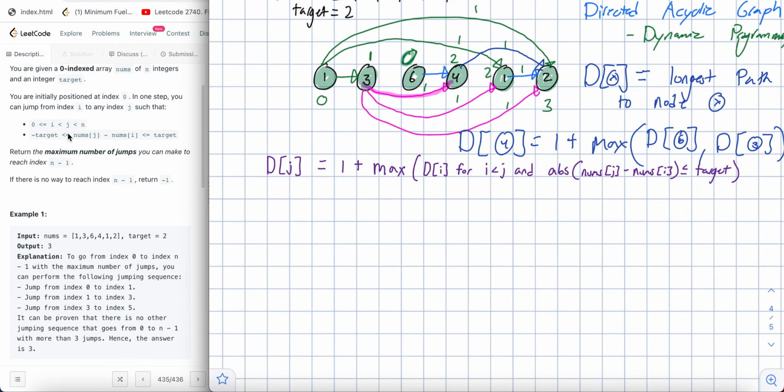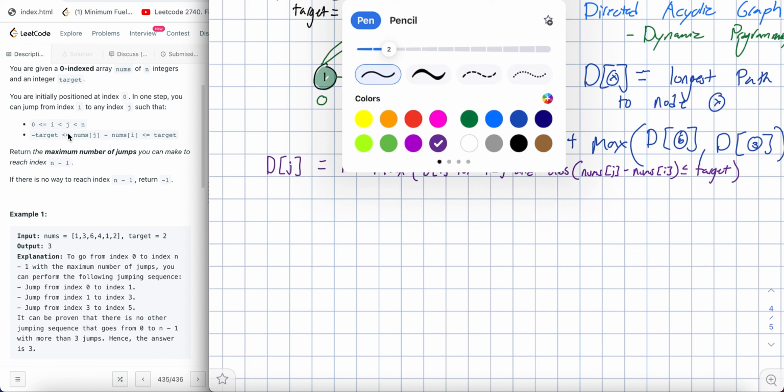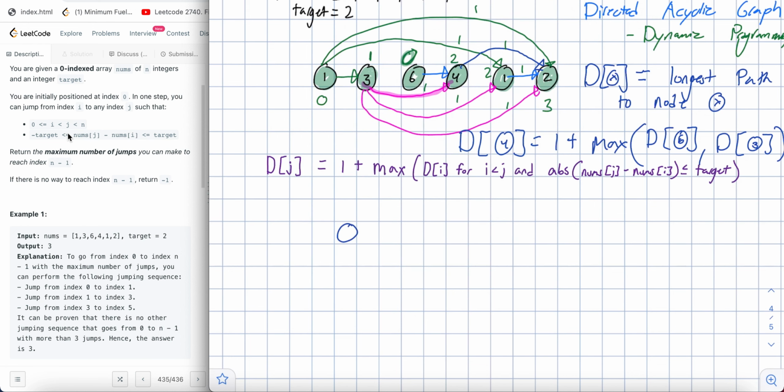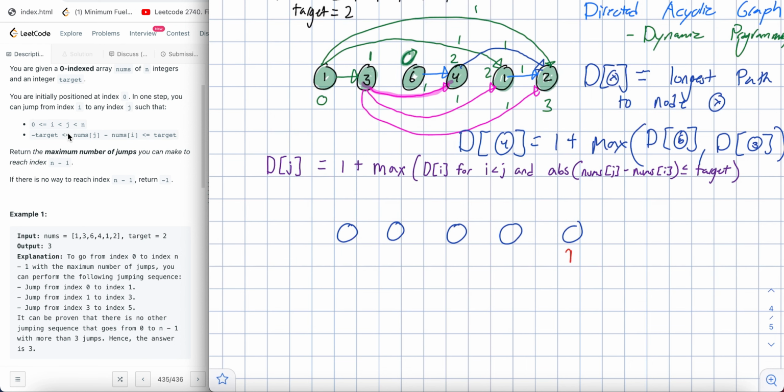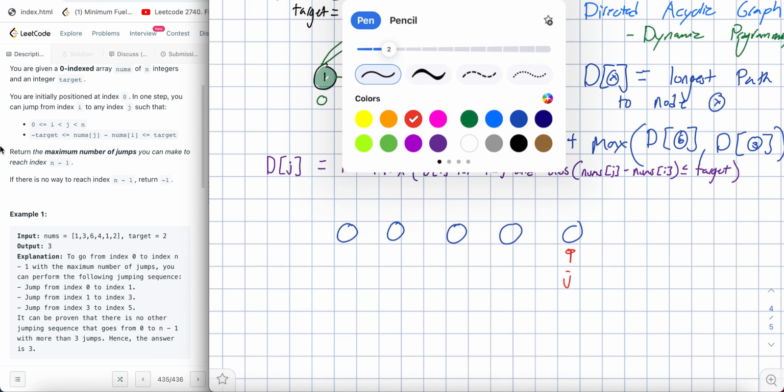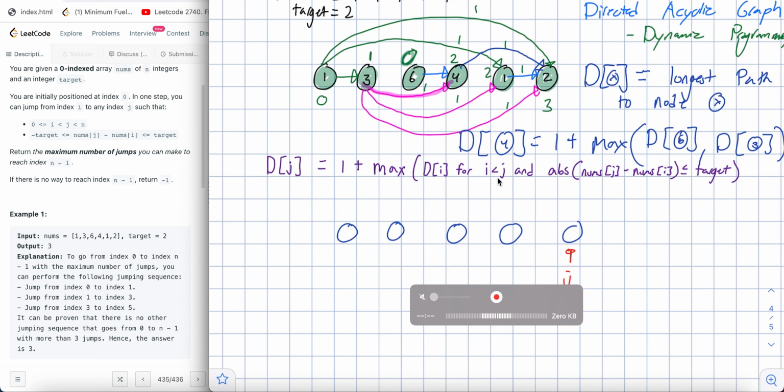So what will happen for any general set of nodes, like so, and then maybe this is j. In order to find D of j, it's going to look at all possible values that come before it. It'll start here and ask, does this one have an absolute difference less than or equal to target?